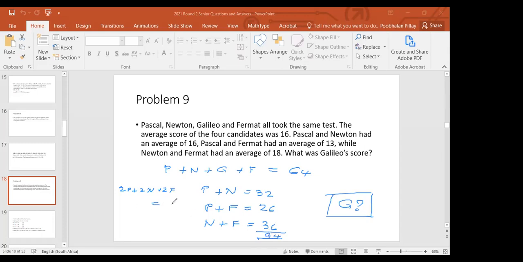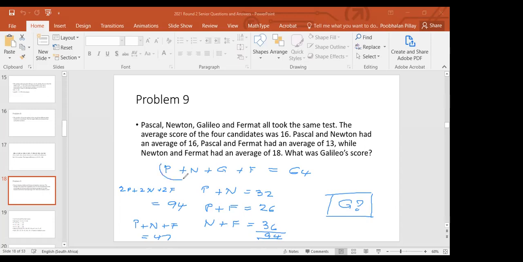So this gives you 94. Now that is 2P plus 2N plus 2F. So if you take only one of each, you're going to get 47. So P plus N plus F is 47.